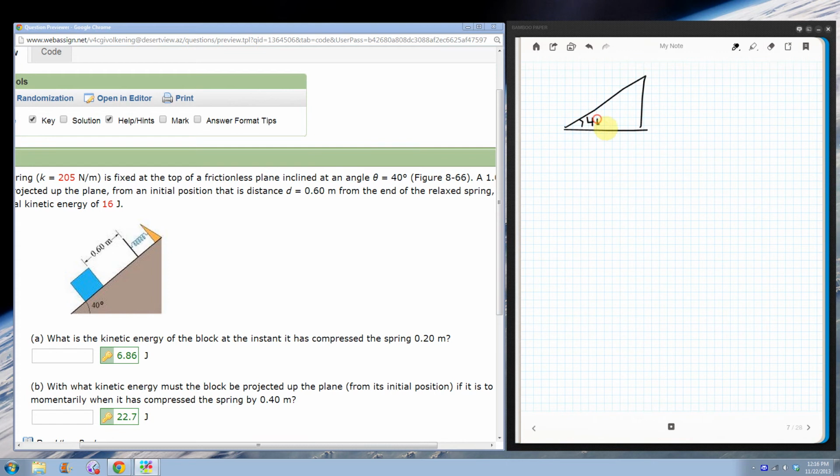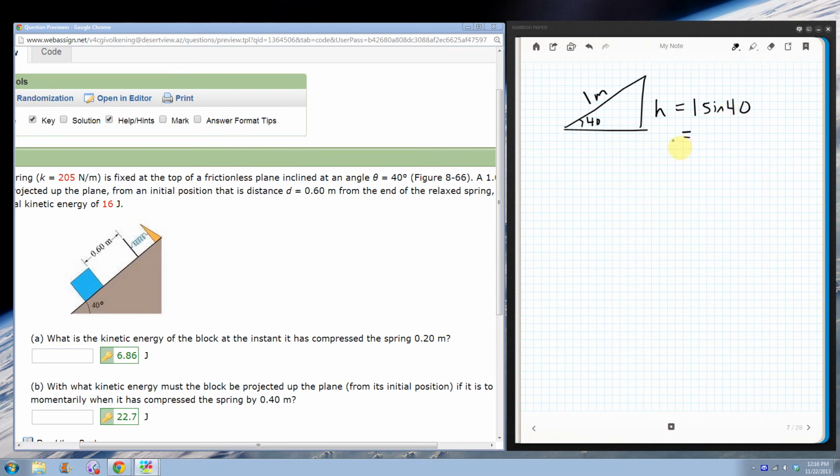Okay, so I got 40 degrees again. This time, it's got to get up the plane, 0.6, and then it has to compress it by 0.4. So basically, my hypotenuse is 1 meter. That means my height is going to be 1 times the sine of 40. Basically, I'm looking for the sine of 40 here.